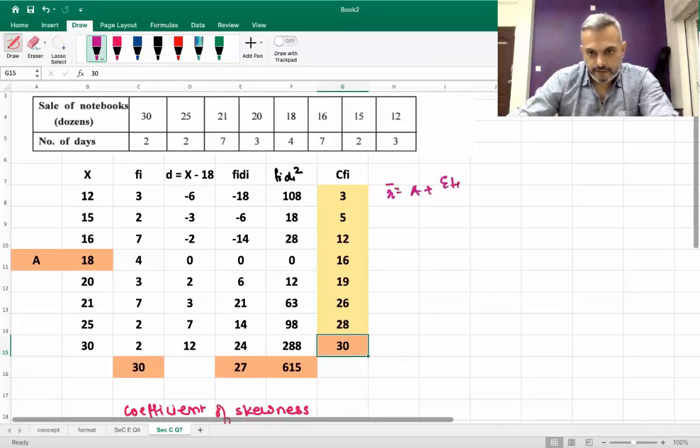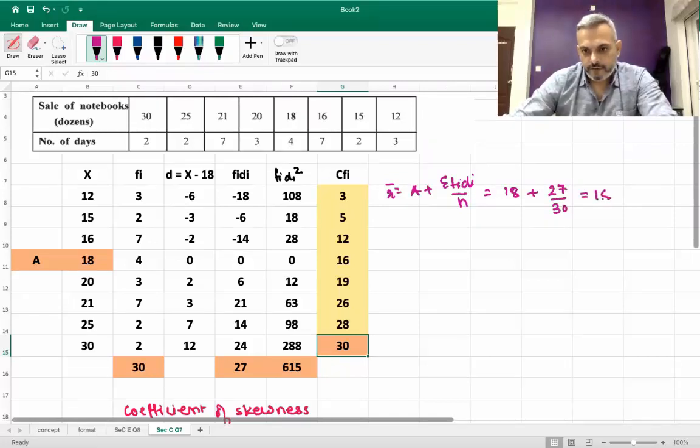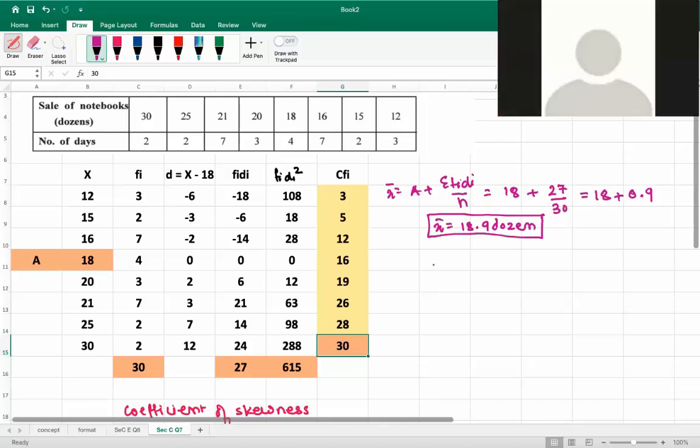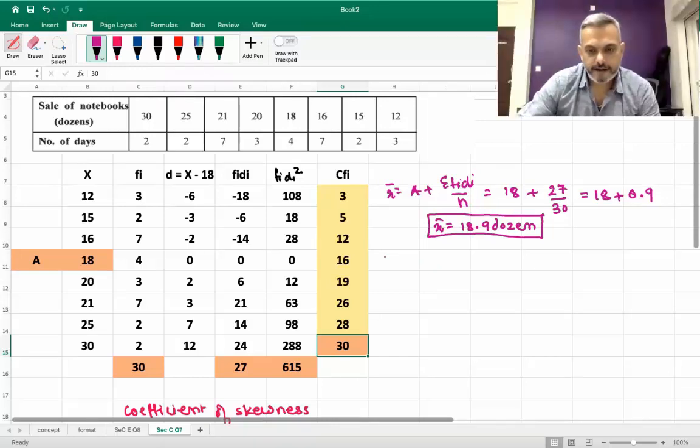A plus sigma fi di upon n, which is equal to 18 plus 27 upon 30, which is equal to 18 plus 0.9. So mean is equal to 18.9 dozen. Is it okay, Titi? Yes. Okay. So mean is 18.9.